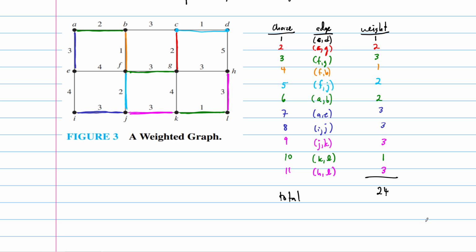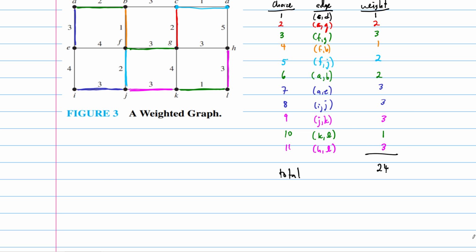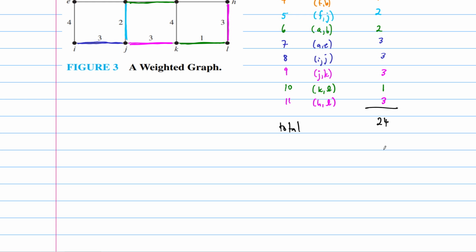So there's the total weight, 24. By the way, again, this is not unique. The choice of this was not unique in any way. I made choices at many different steps of which ones to do first, which ones to add when, right? But we ended up with a graph of weight 24.